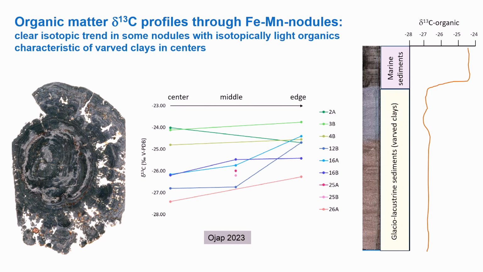And if we look now at what kind of organic matter is embedded in the concretions, then we see that in some of the concretions in the middle part we have these -27 numbers, and these are typical for the late glacial times, so it might well be that we had a pulse of the initial growth of these concretions already during the late glacial times.